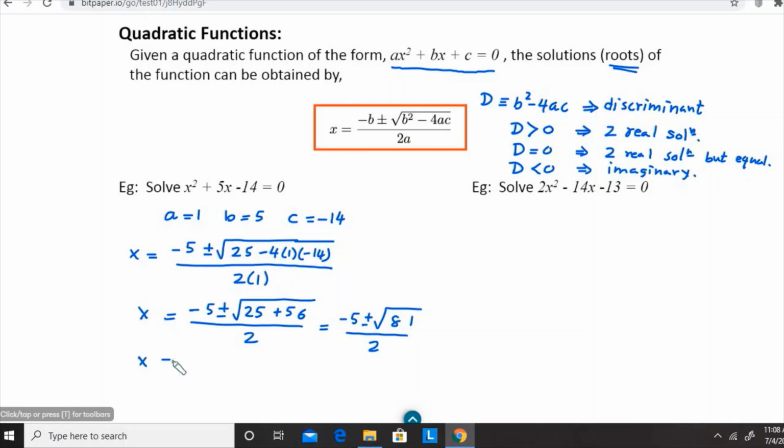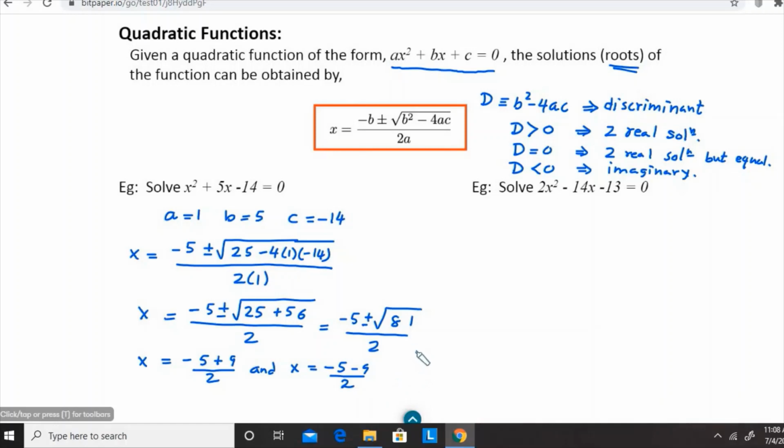So I get x equals minus 5 plus 9 divided by 2, and x equals minus 5 minus 9 divided by 2.